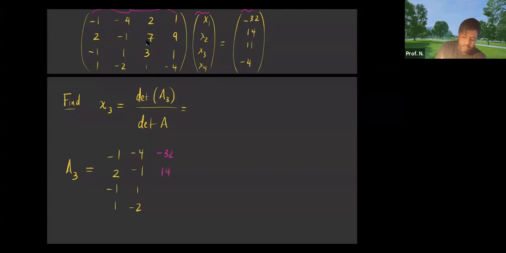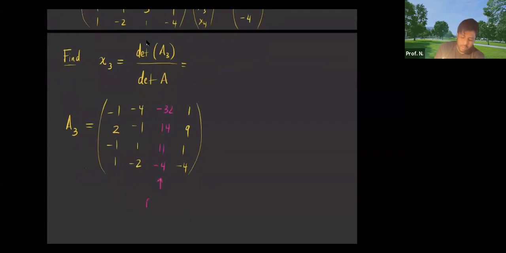Negative 32, 14, 11, negative 4, and then this will be 1, 9, 1, negative 4. So you see, all I did was I replaced the third column by B.